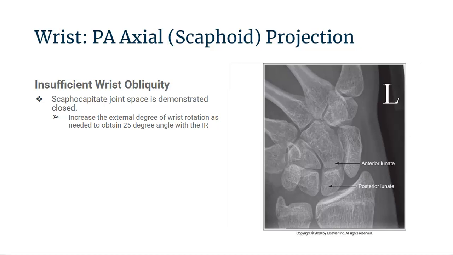The scapholunate and the hamate capitate joint spaces might still be open, but the scaphocapitate joint space will be closed. So this is your cue to adjust the wrist rotation just enough in order to find that balance to achieve the right obliquity and get the clearest image possible without over-rotating or under-rotating, and getting that scaphoid free of superimposition.